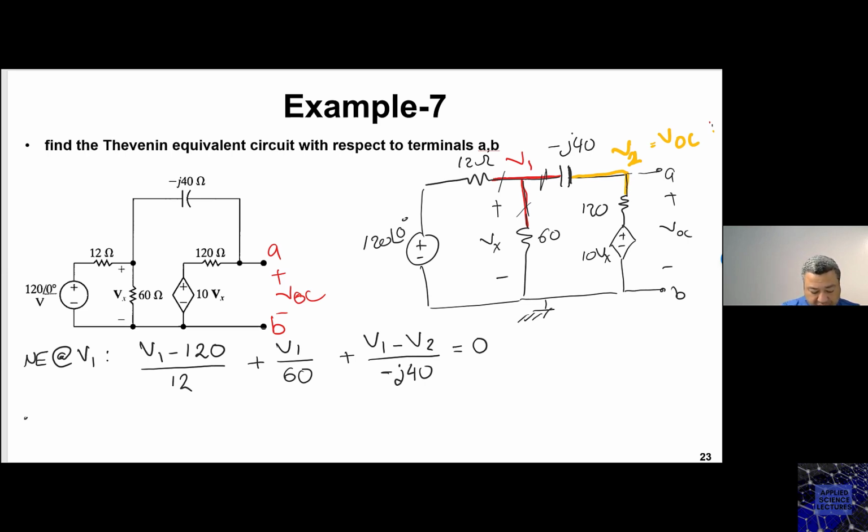My second nodal equation, which is at V2, is V2 minus V1 over minus J40 plus V2 minus 10Vx.